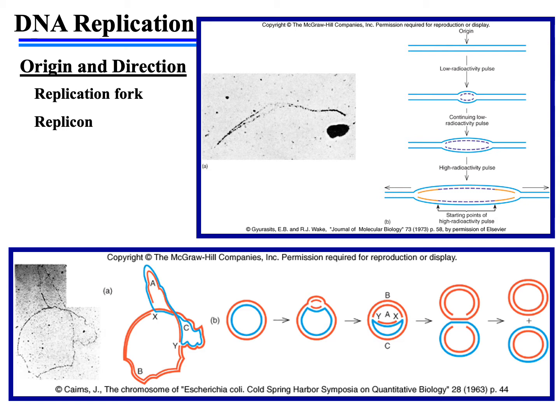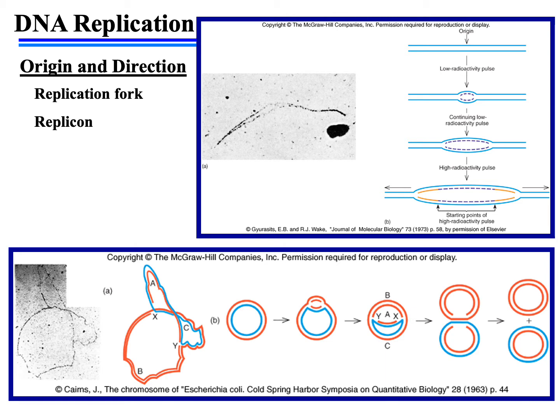So going back to prokaryotic chromosome structure, we discussed that prokaryotic chromosomes are found in a circularized structure. So imagine if you have a circle and you have a starting point of replication. If replication occurs in one direction, let's say clockwise from that position, you would imagine that replication would continue all the way until it came back to the same starting point.